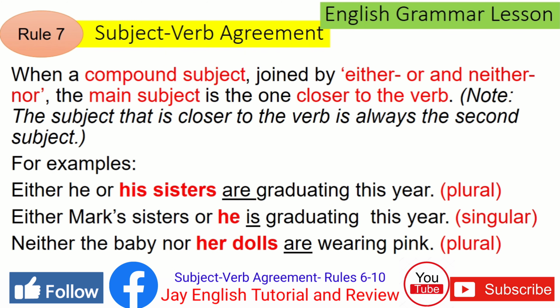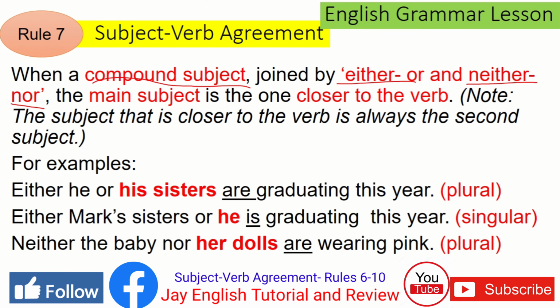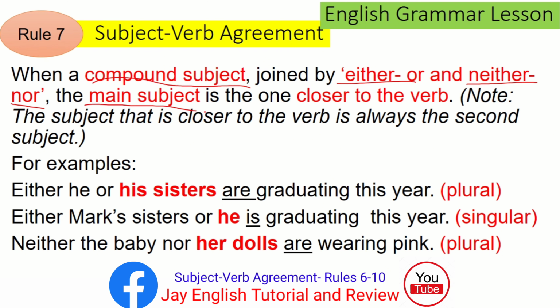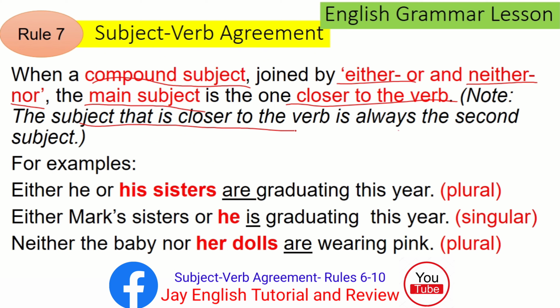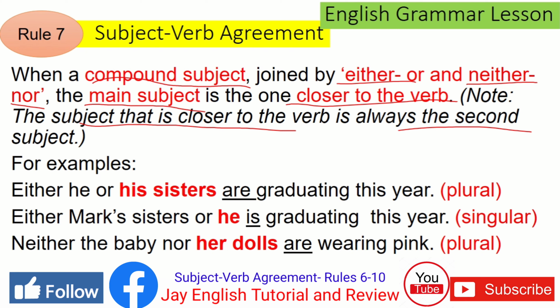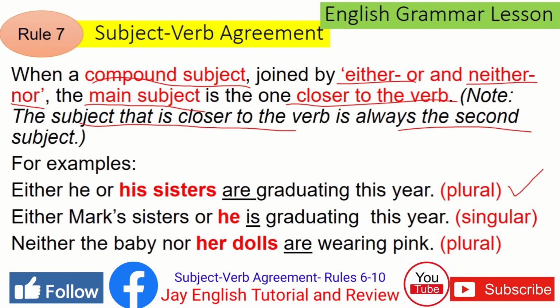It says, when a compound subject is joined by either/or, neither/nor, the main subject is the one closer to the verb. And I have a note here: the subject that is closer to the verb is always the second subject. For example, "Either he or his sisters are graduating this year." So in this example, we are using a plural verb.